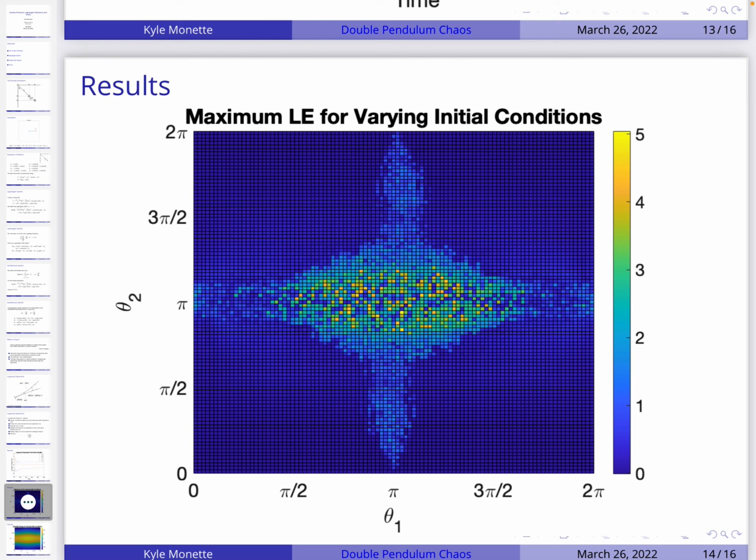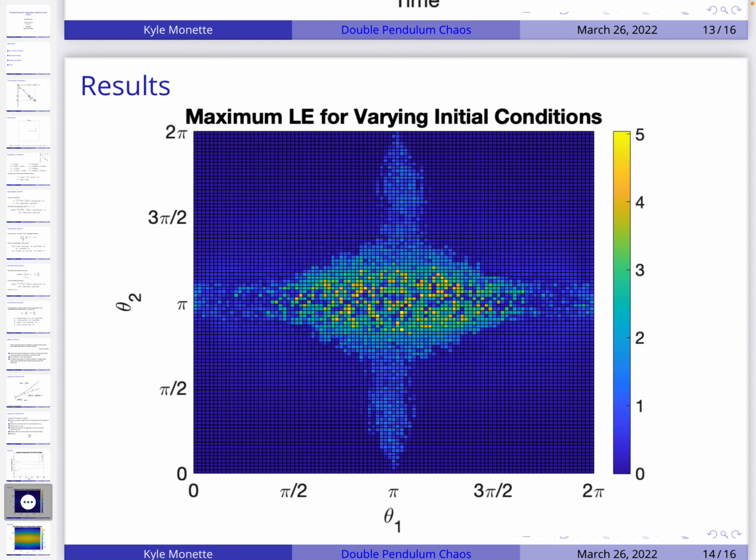And so we can see here that the largest Lyapunov exponent is about the center. Well, that's when the two angles are at pi and pi, which means the pendulum is straight up from its original state. So we would expect that. It should make sense. If you start the pendulum with a higher initial point, it should diverge more quickly. The exponent should be larger.